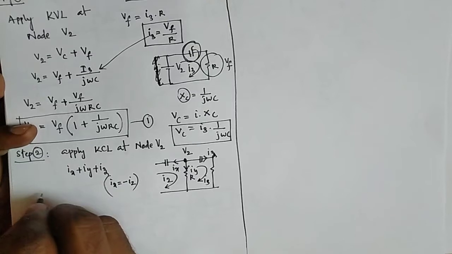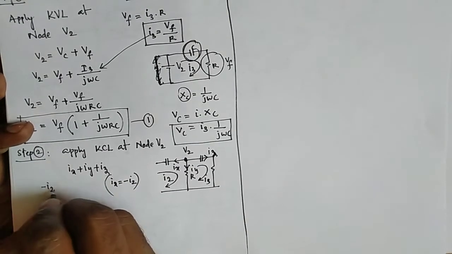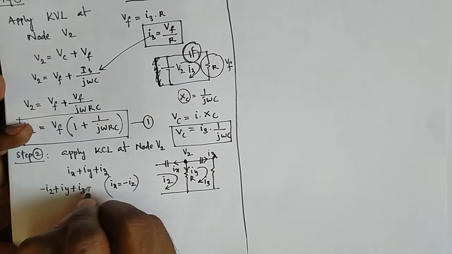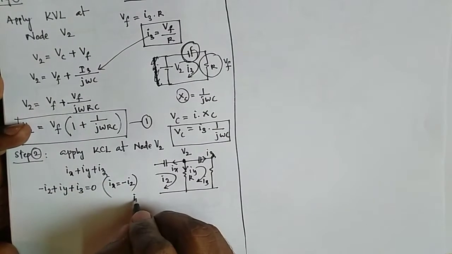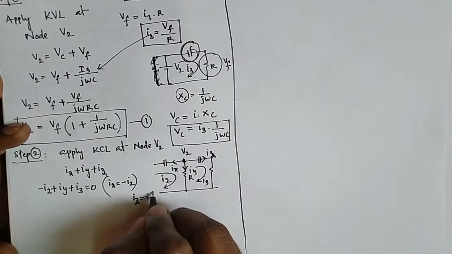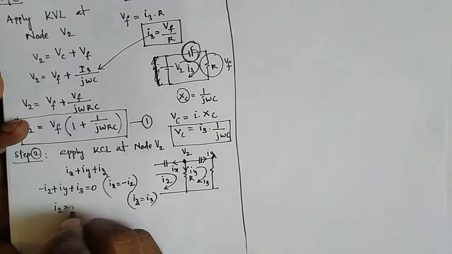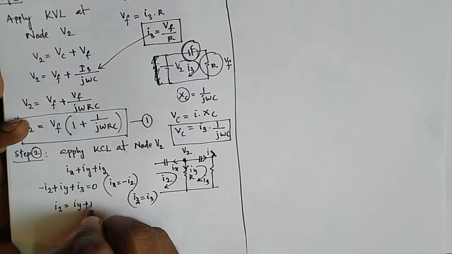So it can be represented as minus I2 plus Iy plus I3, because Iz is equal to I3. Based on this function, I2 is equal to Iy plus I3.